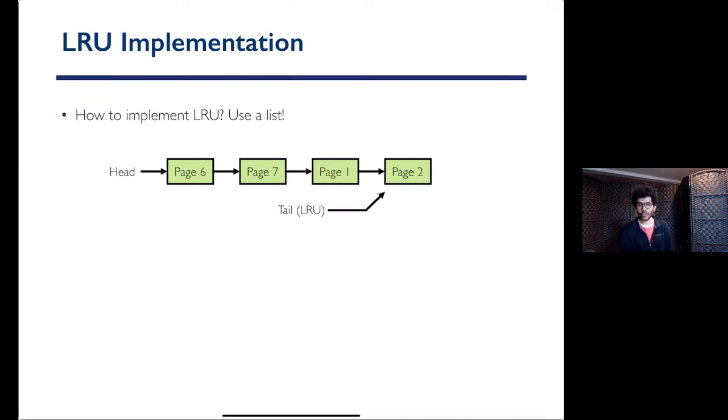And every time you want to evict a page, you evict the page at the bottom of this list, because that's the page that was accessed the least. So always the bottom of this list is the page that was accessed the furthest in the past. It's a page that hasn't been used for a while. So this is basically a simple algorithm if you had information about all the accesses.